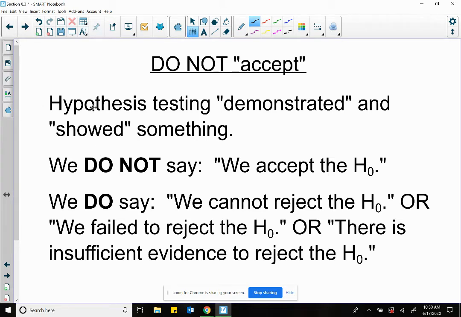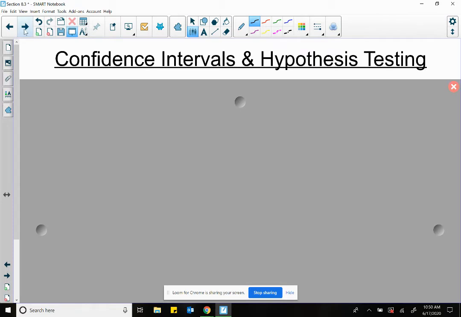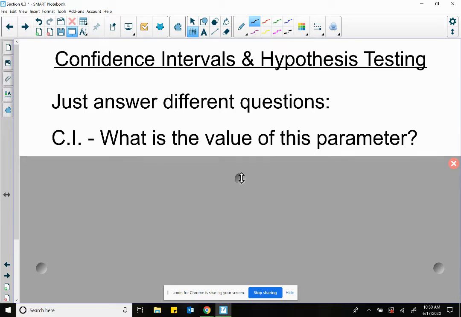All right. And please know that hypothesis testing is all about demonstrating or showing something. Okay? All right. And then last but not least, I want you to know that confidence intervals and hypothesis testing do kind of relate to each other. Okay? They just answer different questions. When you do confidence intervals, you're answering the question, what is the value of the parameter? What is the population parameter?